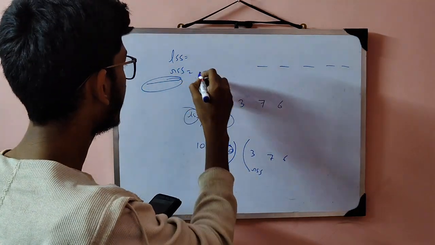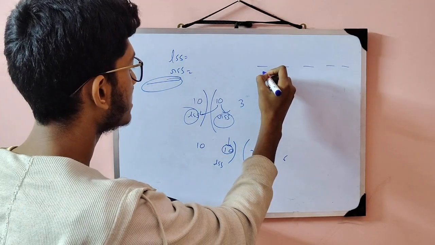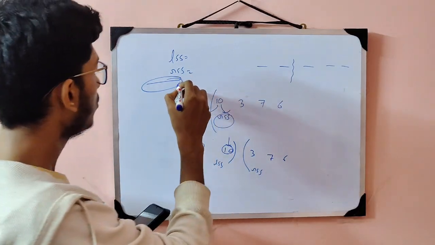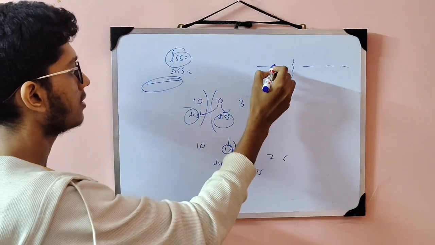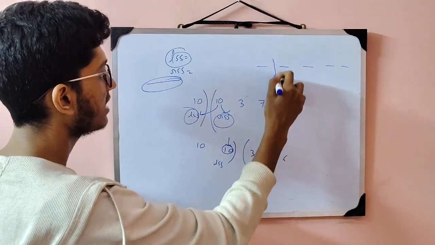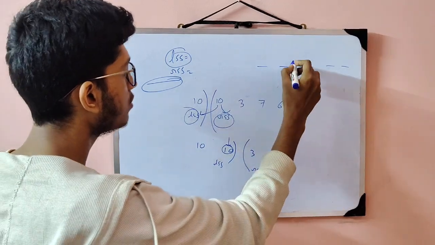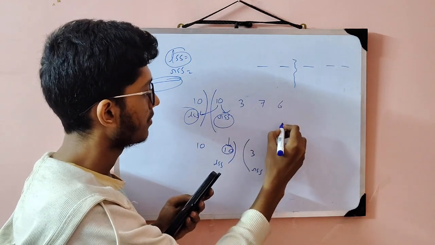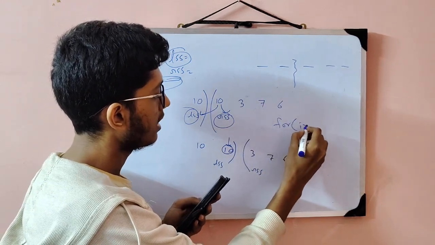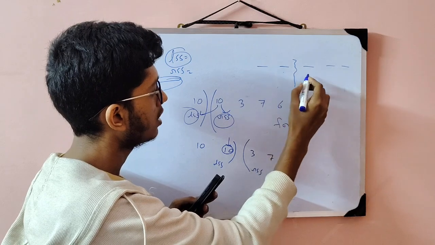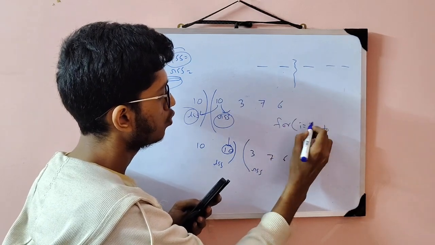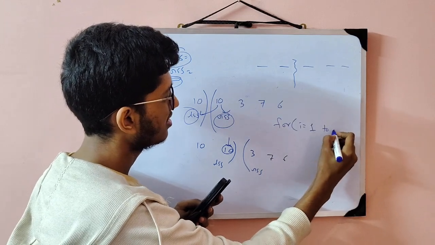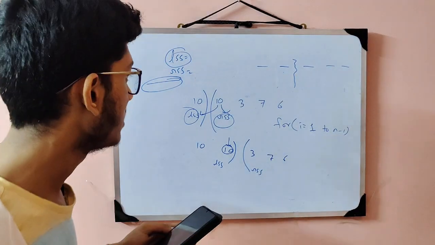First of all, do that, and start from i equals 1, because you separately check the first partition. You separately check it and you start a loop from here only. Suppose this is my for loop, i equals 1 to n minus 1, or whatever is given.